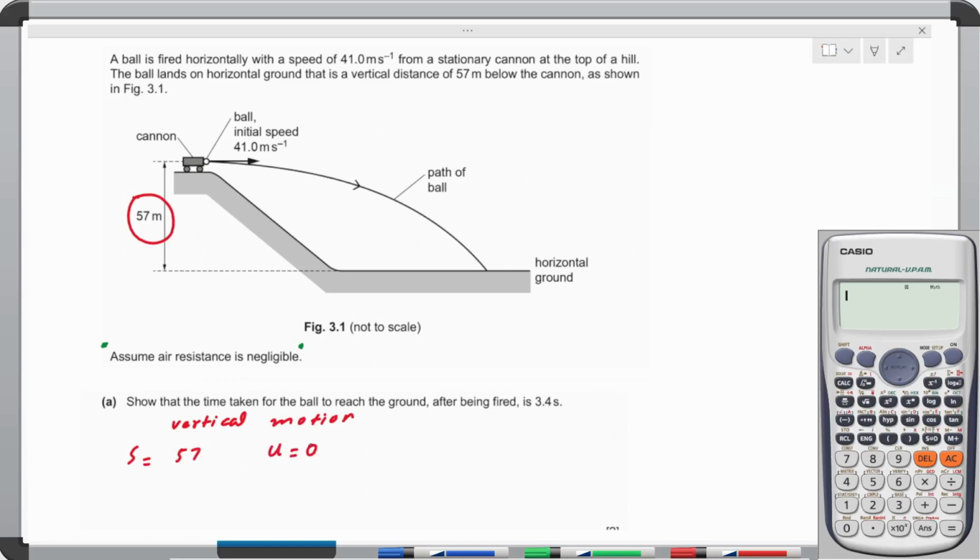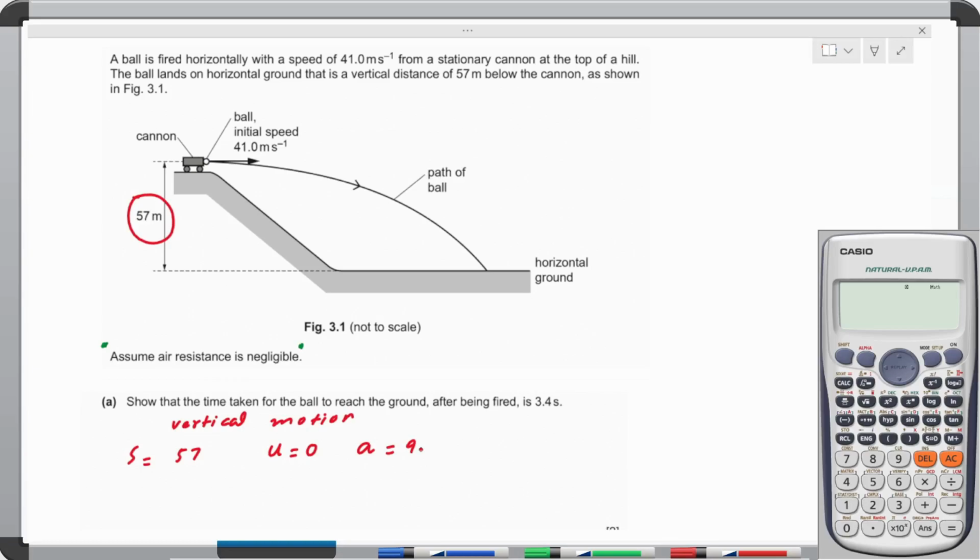It is the vertical component of the initial velocity, as I'm considering only the vertical motion. So initial velocity is 0, and acceleration as it goes downward would be 9.81. I need to find the value of t. I can safely use the second equation of motion that is given on the formula sheet.